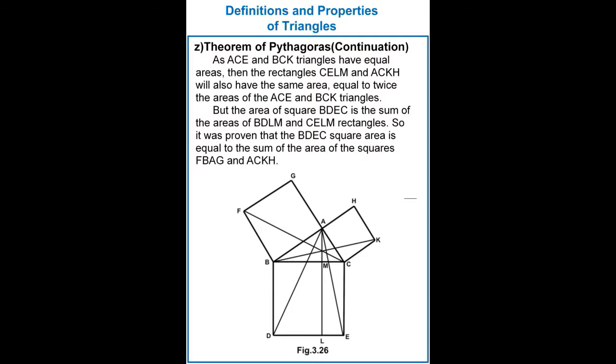But these particular cases of parallelograms have twice the areas of the ACE and BCK triangles. But the area of the BDEC square is the sum of the areas of the BDLM and CELM rectangles. Then it was proved that the area of the square BDEC is equal to the sum of the areas of the squares BAGF and ACKH.